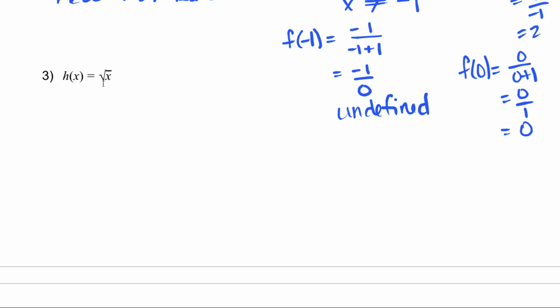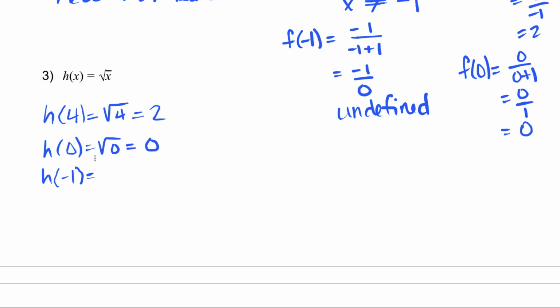But certainly anything that's positive, I can plug in h of 4. For example, square root of 4 is positive 2. I can evaluate this at 0. The square root of 0 is 0. So 0 is okay, but when I evaluate at negative 1, this is not a real number.